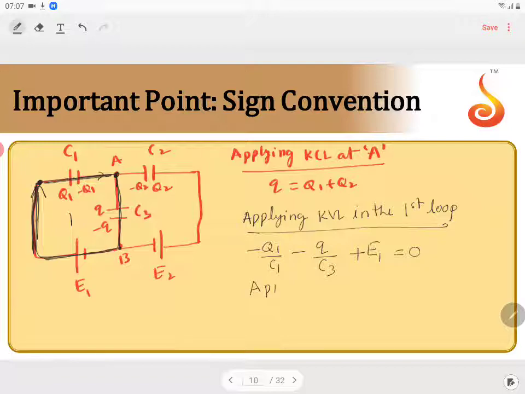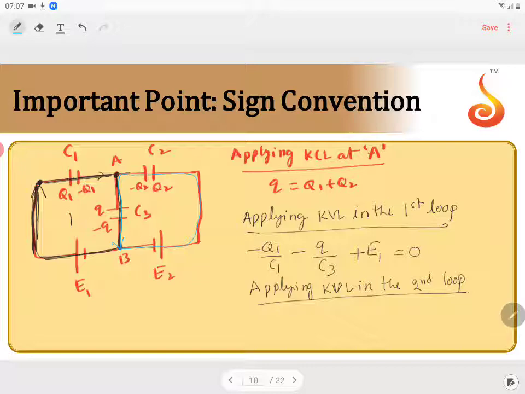Similarly, applying KVL in the second loop. Start at this point A or else start at the point B. Go in the anti-clockwise sense and again come back to the same point.